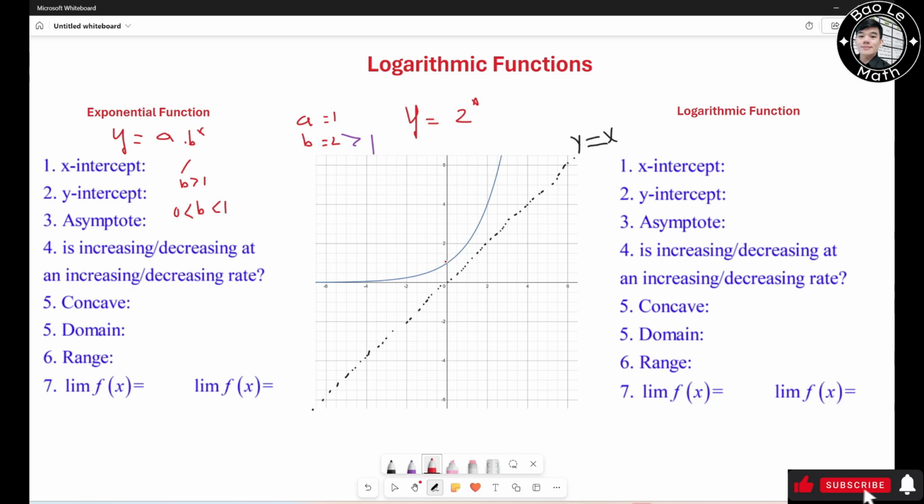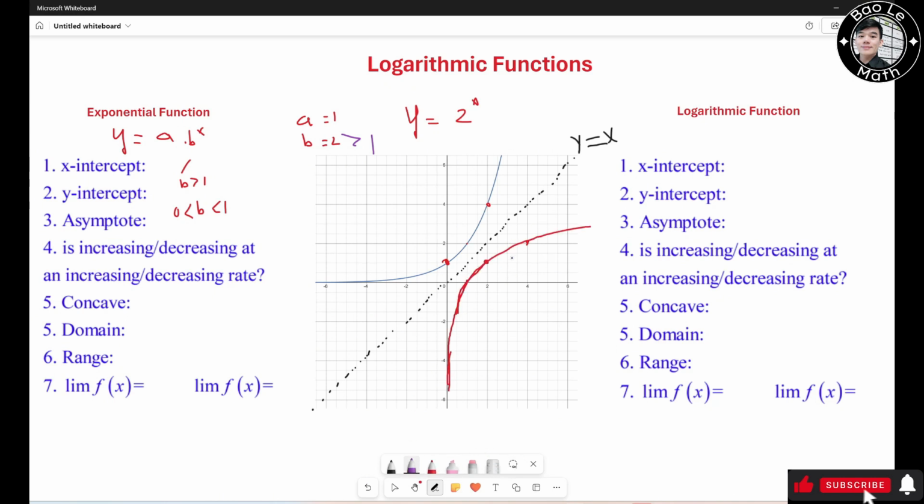Alright, so you look at this one, the y-intercept right here, (0, 1), becomes the s-intercept right here, (1, 0), right? You're going to pick another point. This is (1, 2), and this becomes (2, 1) right here, right? This one, (2, 4), and this becomes (4, 2). So this 4 and 2 right here. Alright. And then you just connect these points.